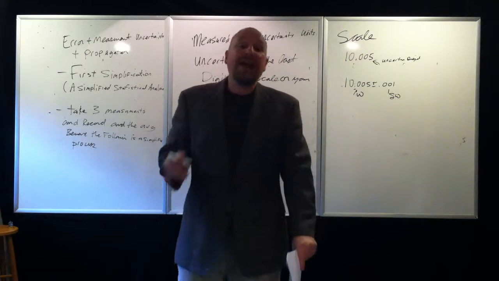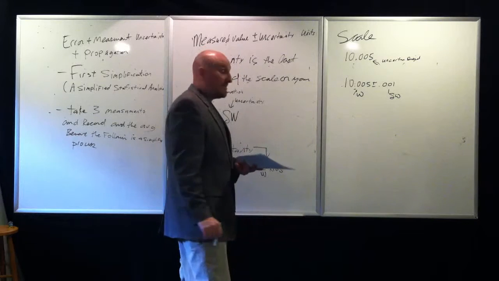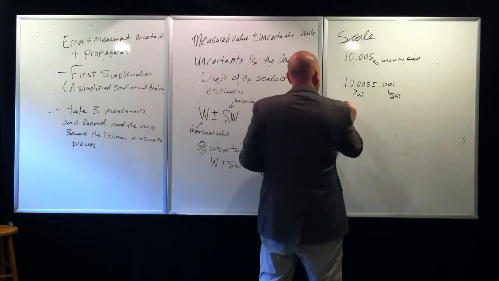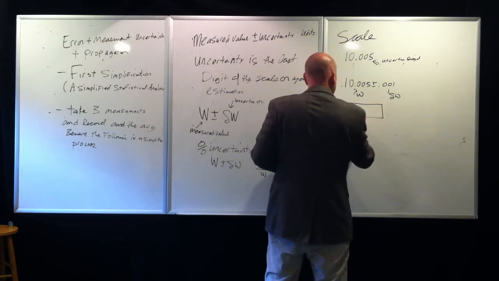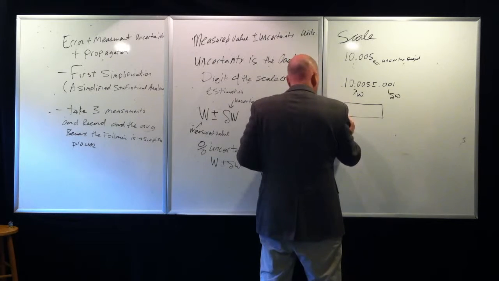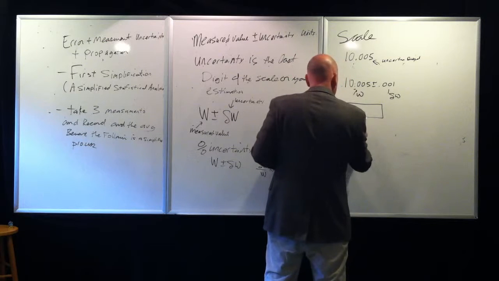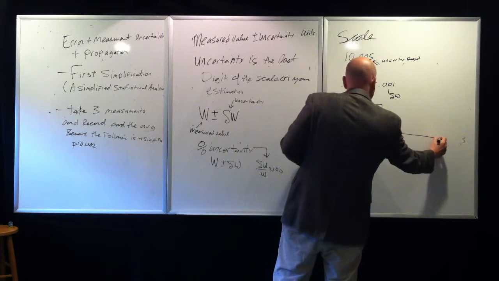Okay, if you are actually estimating a particular measuring device besides an electronic scale, let's say you have a ruler. So let's say this will be a broken edge of a material, and then here's your measuring device.